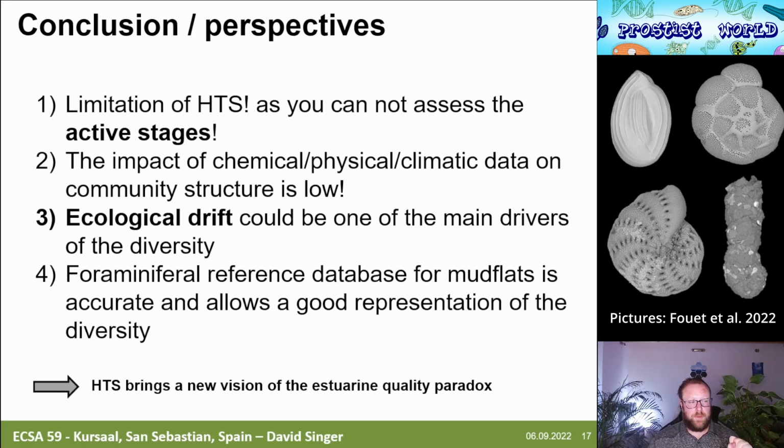But a good thing is that the Foraminifera reference database for mudflats is accurate and allows a good representation of the diversity. So with this conclusion, we can say that high-throughput sequencing brings a new vision of the estuarine quality paradox.